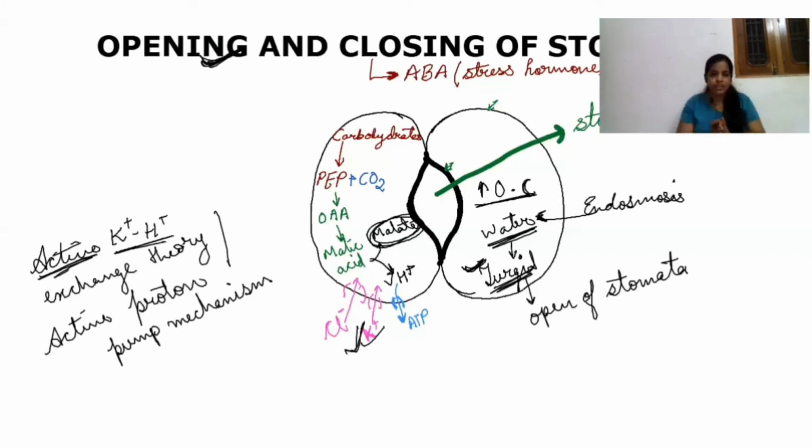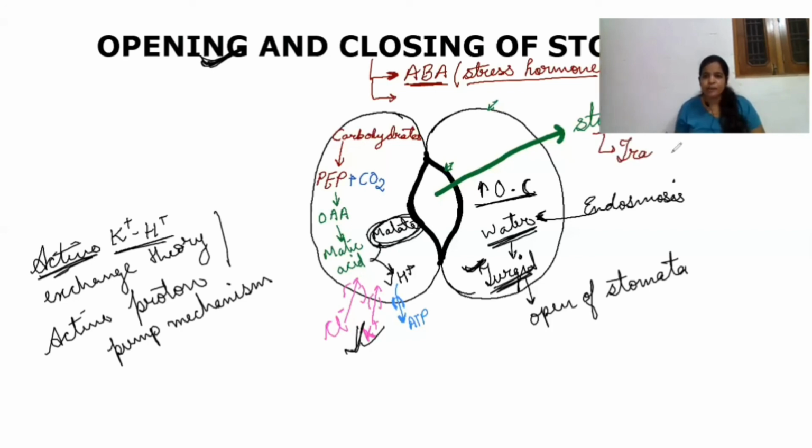Closing of stomata is done by the action of ABA, that is abscisic acid. It is also known as the stress hormone because it closes the stomatal pore when the water levels are low in the plants. To prevent the stress of water scarcity, the plants are protected by abscisic acid, because open stomatal pores lead to loss of water in the form of transpiration.